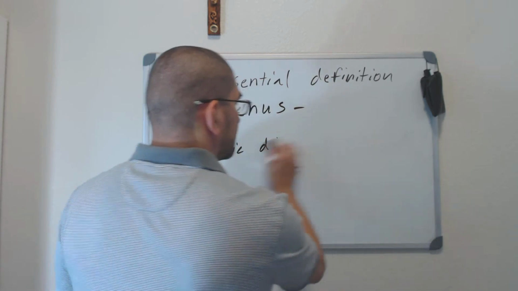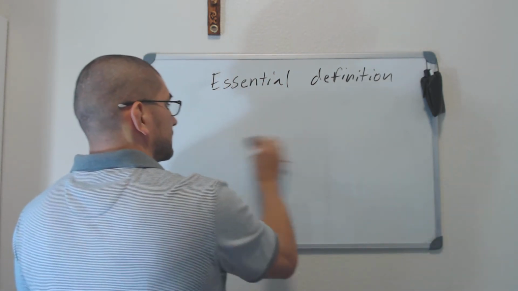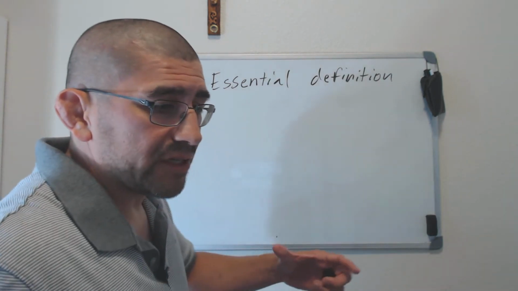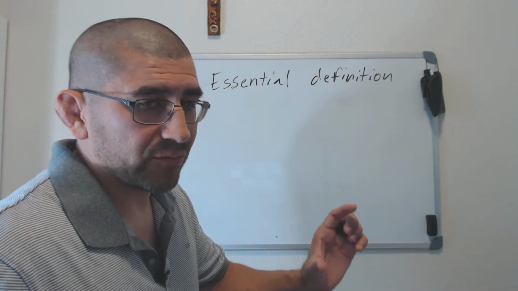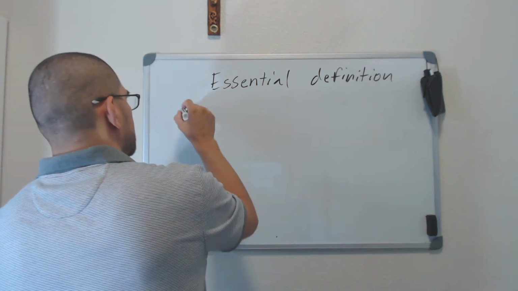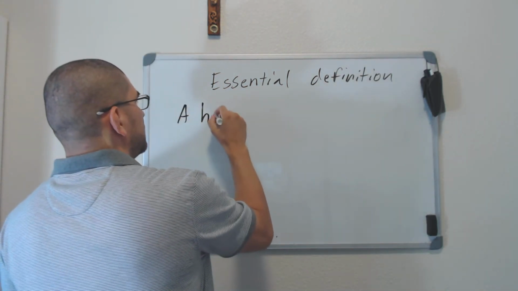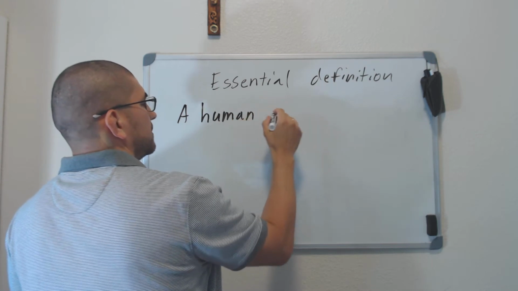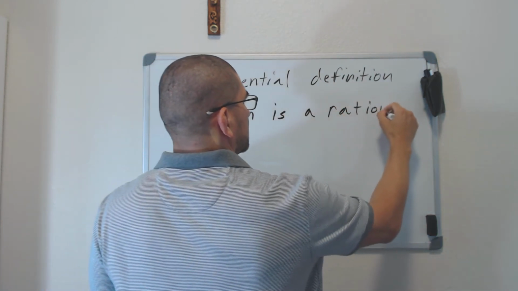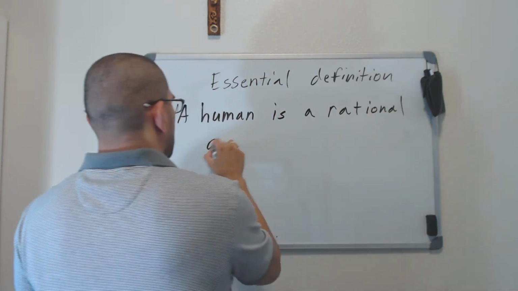Essential definitions are ultimately a proposition. So I'm going to write that as a proposition. A human is a rational animal.